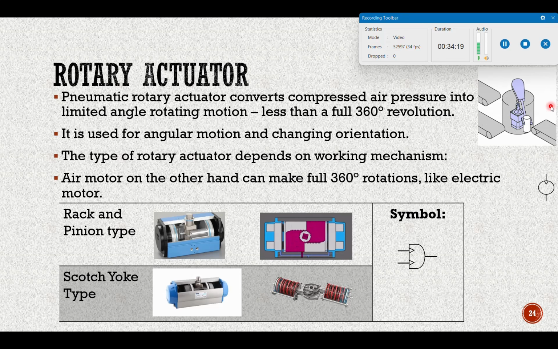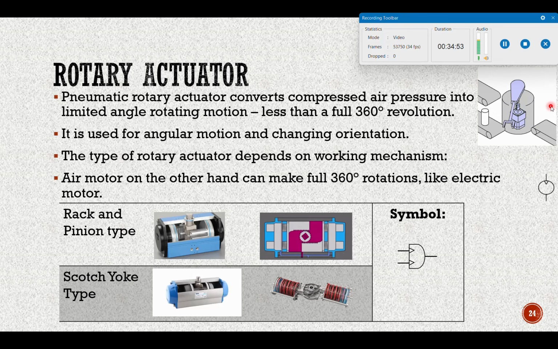We could have one that does a full 360, but it's not as good as electrical ones. So if you can mix two types of power system, one pneumatic, one electrical, then we could come out with a lot better result.